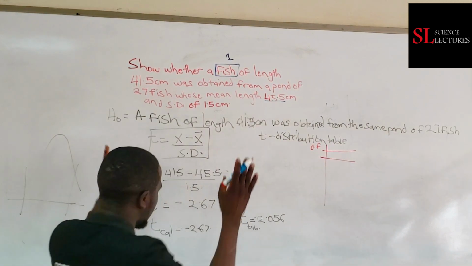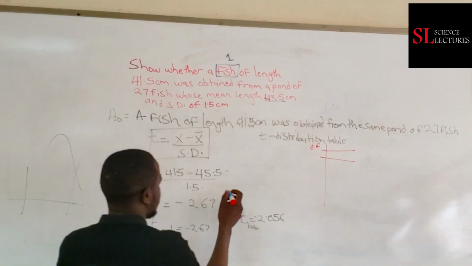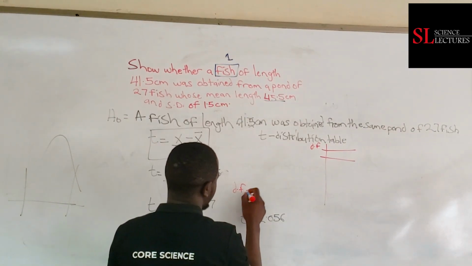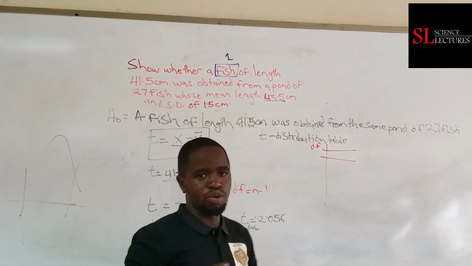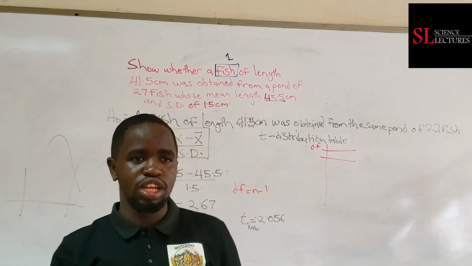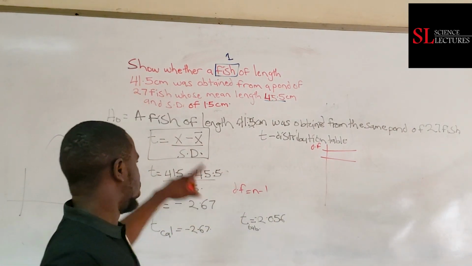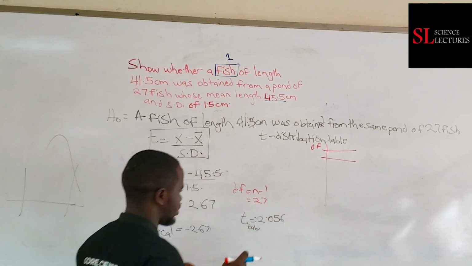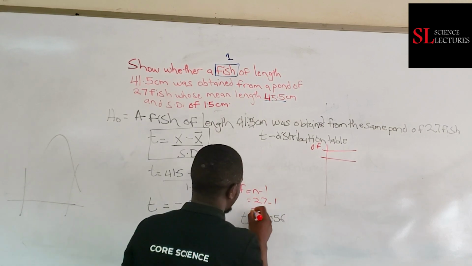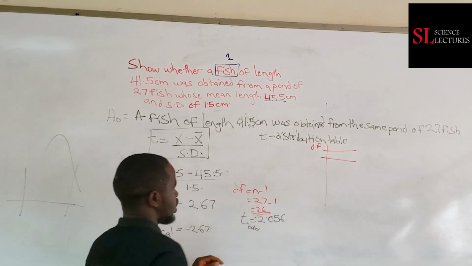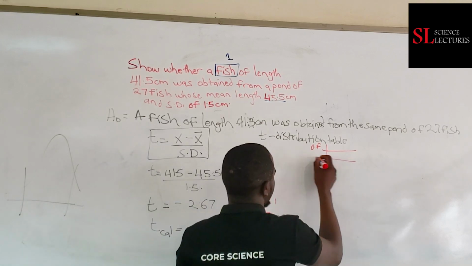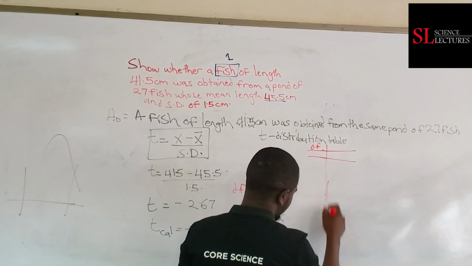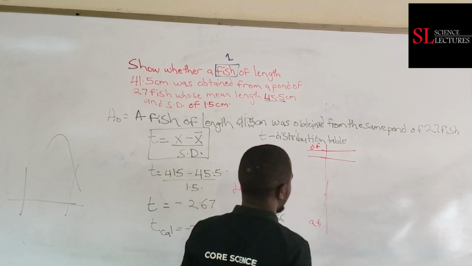For a one sample test, the degrees of freedom is equal to n minus 1. So I have 27, I subtract 1, I get 26. So when you come to these tables, you look for 26. 26 is around somewhere here.